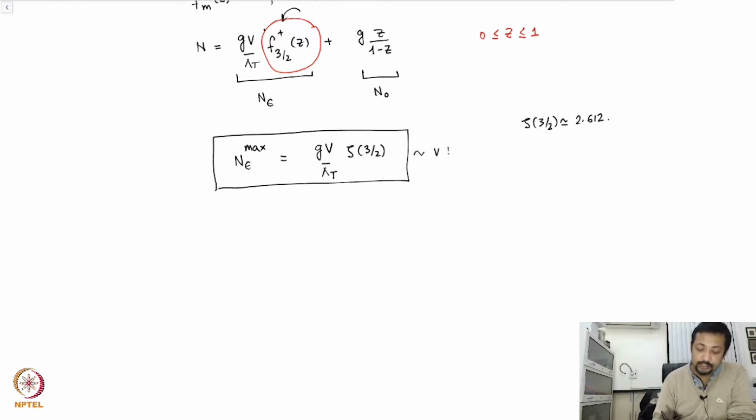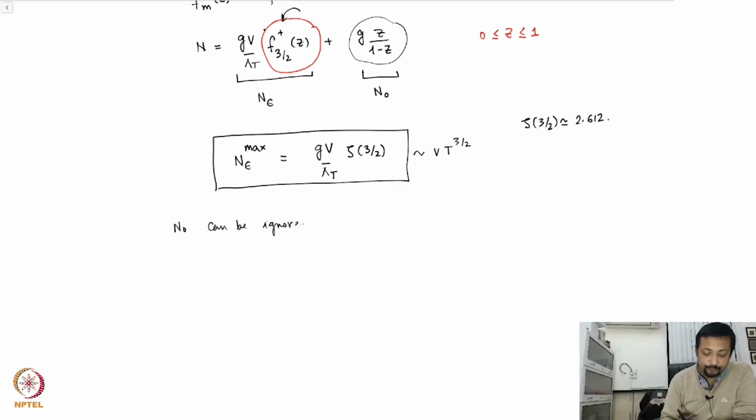This goes as V T to the power 3/2. On the other hand, the second term, N_0, can be ignored if z is very much less than 1, so if you are not hitting the limit of z to 1.